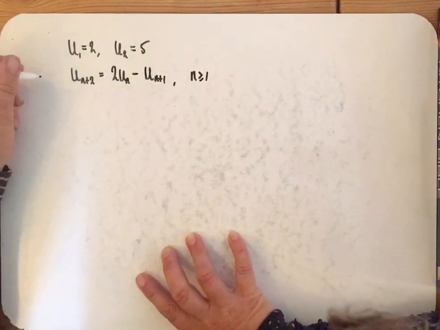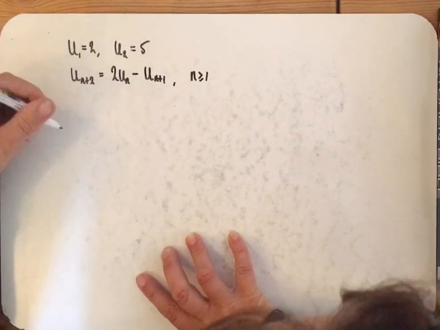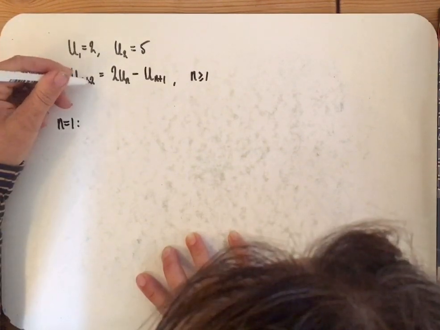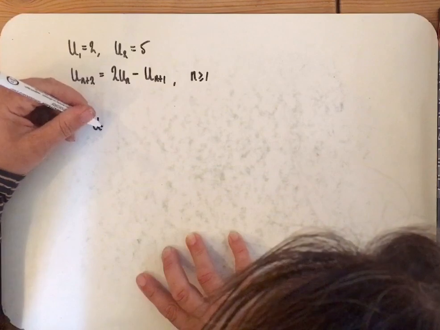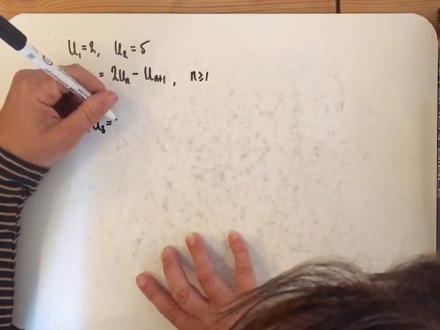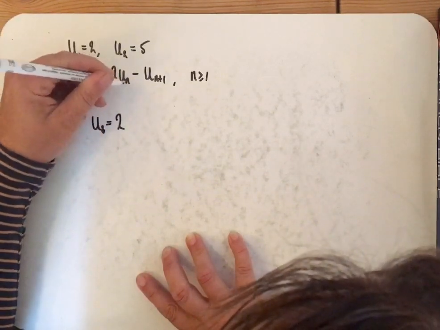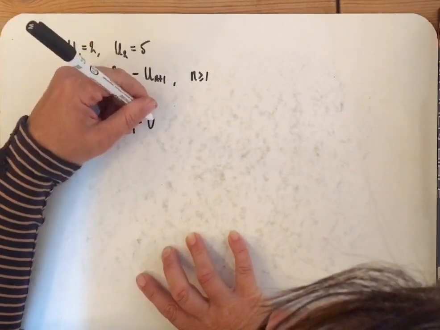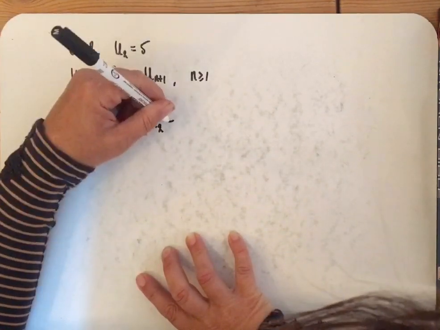So plugging into the second line here, when n equals 1, 1 plus 2 is 3. So the third term is equal to 2, n is 1, lots of the first term, minus the second term.